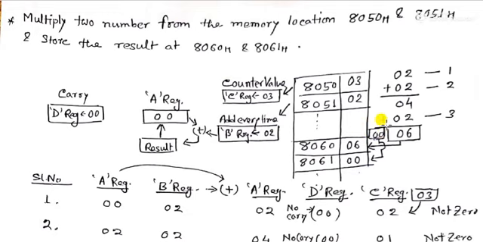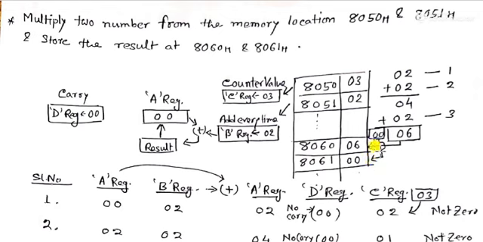For this operation we need not worry about the carry, but if the product is more than an 8-bit number, at that time we have to consider the carry. So in this program we consider the carry bit also. By this process we can multiply.